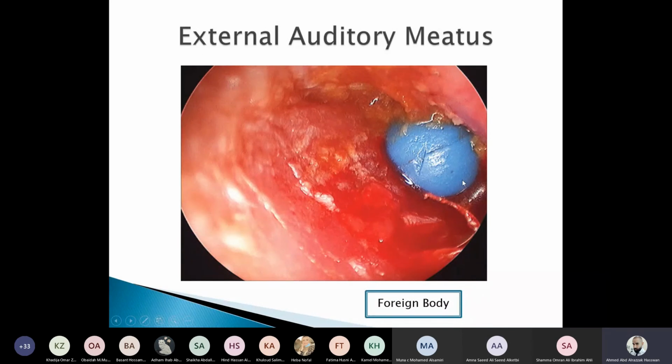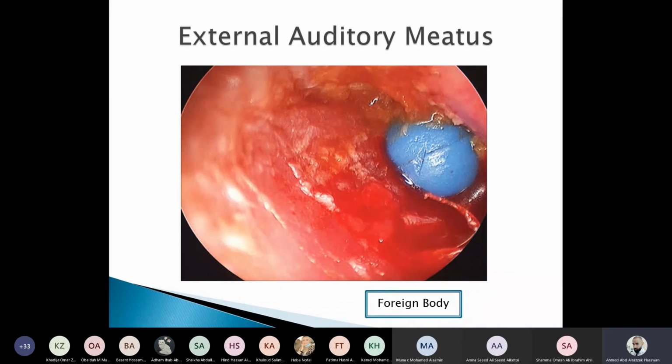When they took a proper history, they found that when she was a child, she put a very small bean seed inside her ear, and over the years, this seed has been growing. Not a tree, but a bean seed, and it has actually grown a little bit. You can search it. It's very nice.